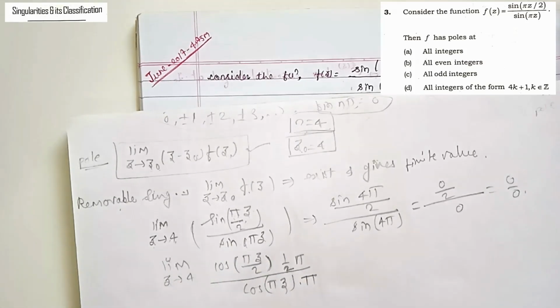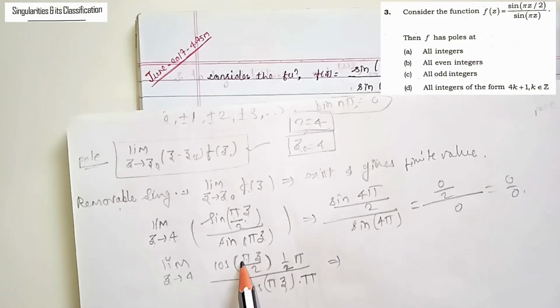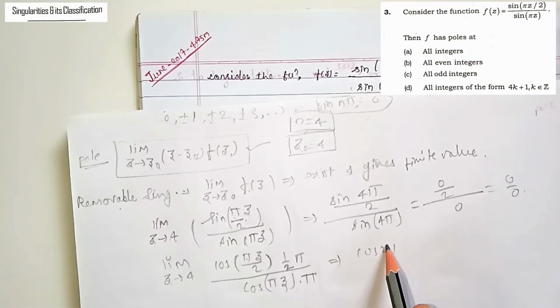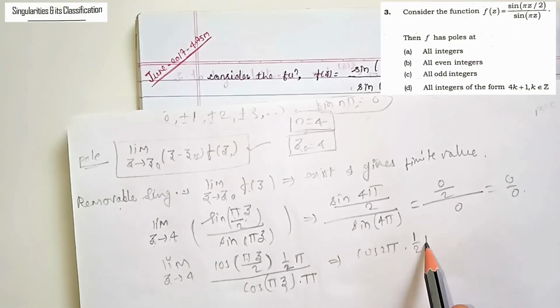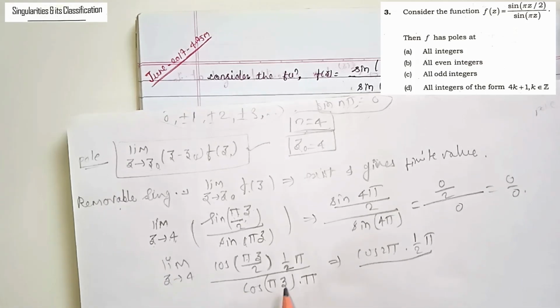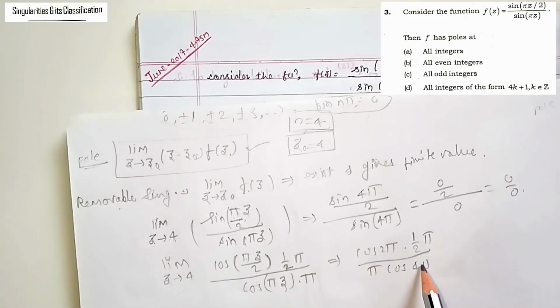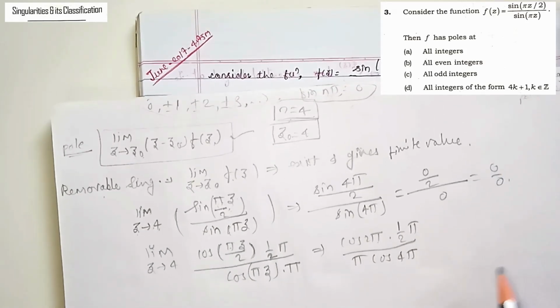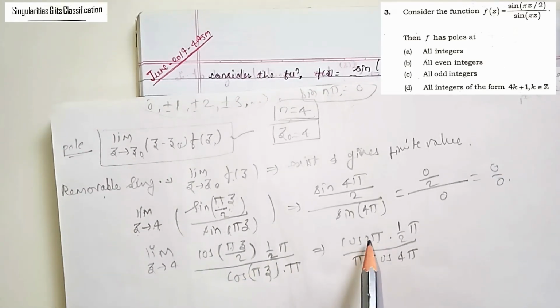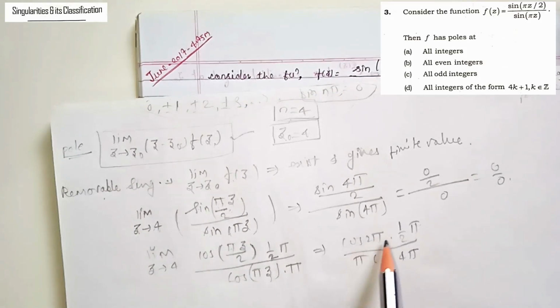Now apply z tends to 4. We get cos of 4 pi by 2, which is cos 2 pi, multiplied by 1 half pi, upon cos 4 pi into pi. This is just substitution of the limit.